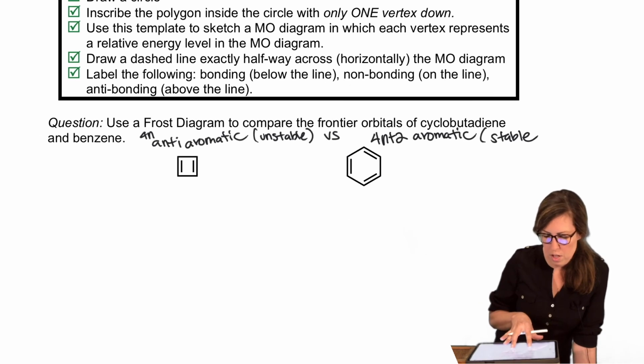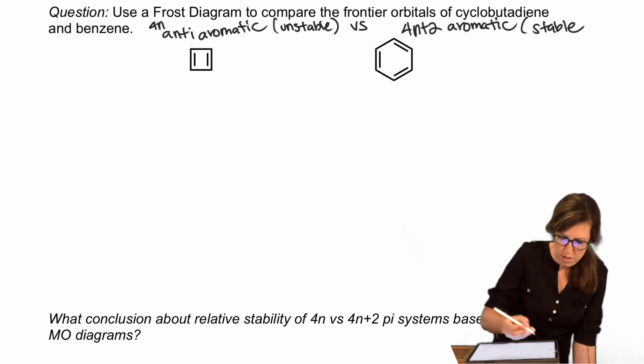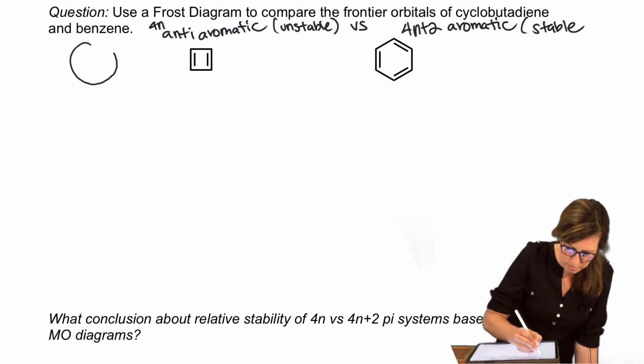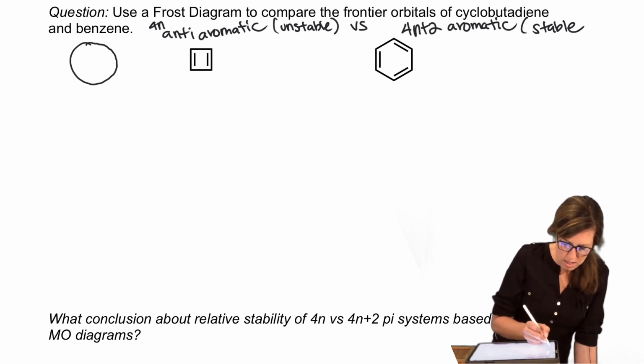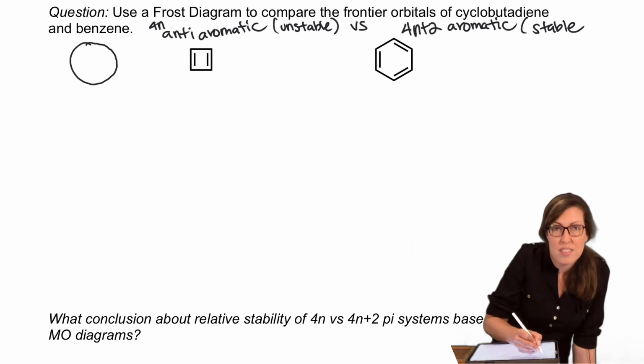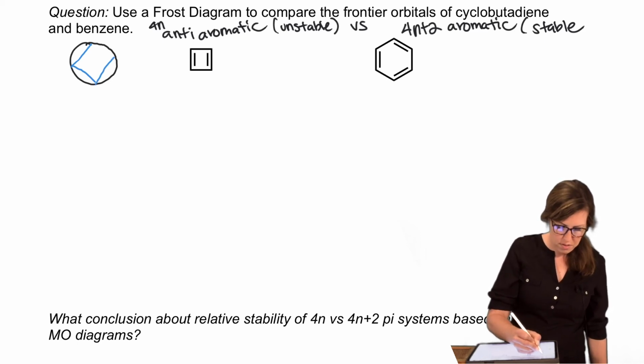All right, so let's start by drawing the Frost diagram. First we start with a circle. And I'm going to draw my square, right? It's a cyclobutane ring. I'm not worried about where the pi bonds are. I'm inscribing it in the circle with one vertex down.